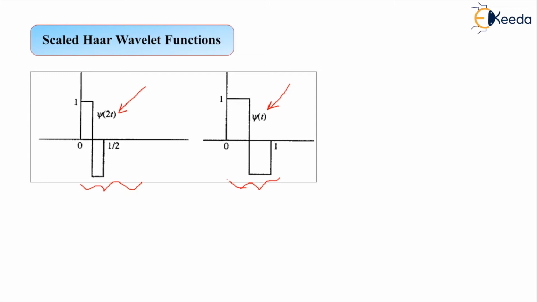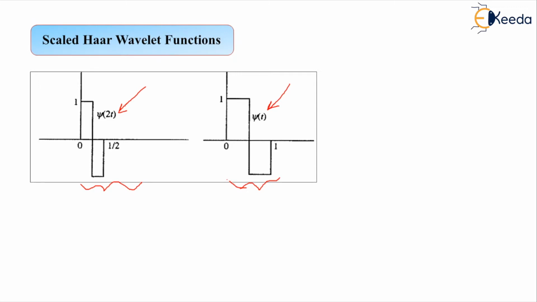That is why W0 cannot be a subset of W1. It is important to note that a linear combination of psi of 2t, shown on the left hand side, and its translates cannot produce psi of t, shown on the right hand side of this slide.